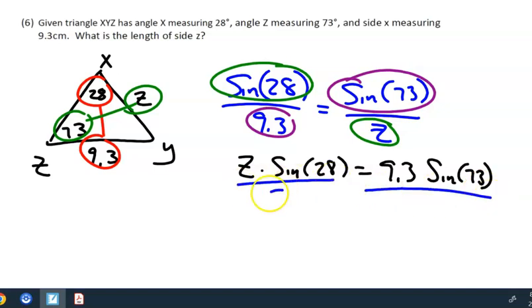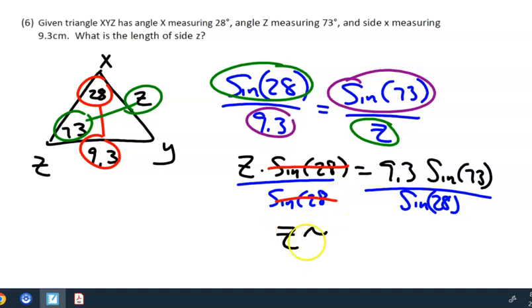Divide both sides by the sine of 28 degrees, so that Z is by itself. So Z is approximately 18.944.